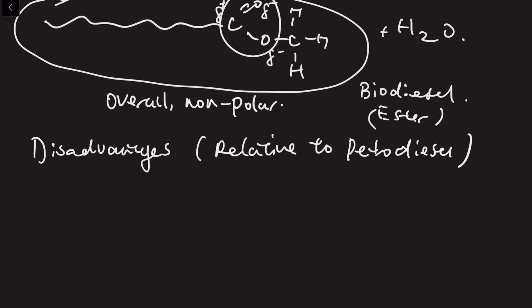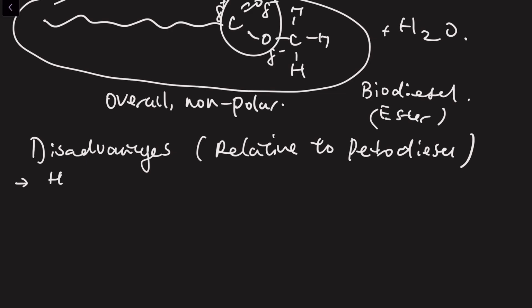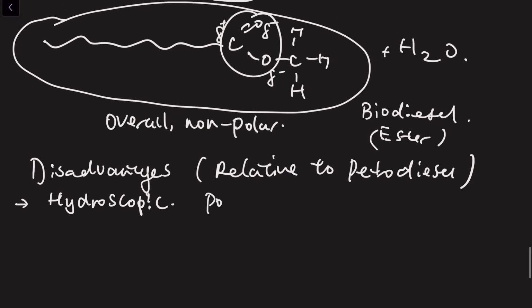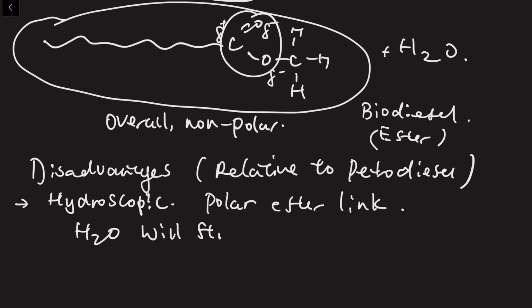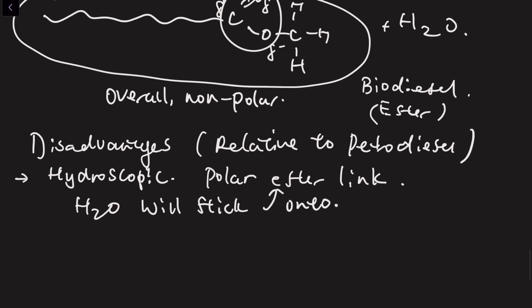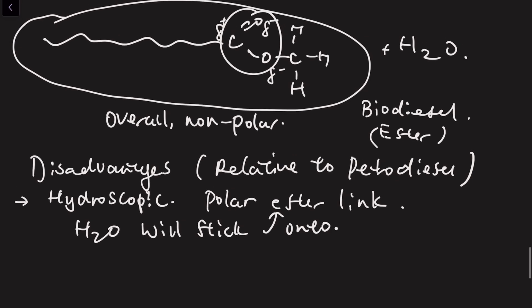So one of the problems is it is hygroscopic, because of the polar ester link. So water will actually stick onto this polar ester link via a dipole-dipole interaction. And this makes the biodiesel hygroscopic because water can attach onto it.